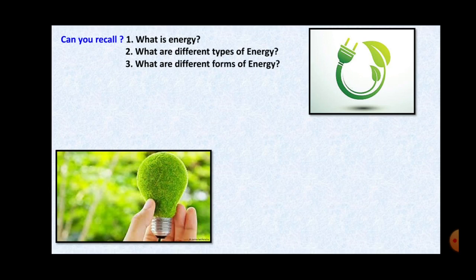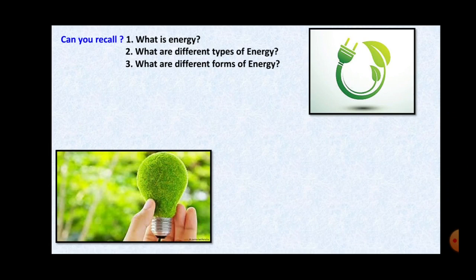Then the third question is, what are the different forms of energy? I think everyone can give this answer. Even if you look around yourself, you can immediately give the different forms of energy like heat energy, electric energy, solar energy, chemical energy, nuclear energy, mechanical energy.